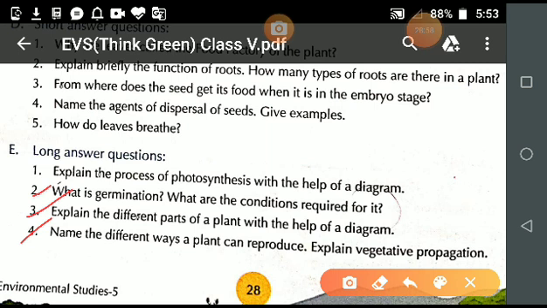Now note down the answer. Answer number 4. Cutting, layering, budding and spore formation are the different ways a plant can reproduce.